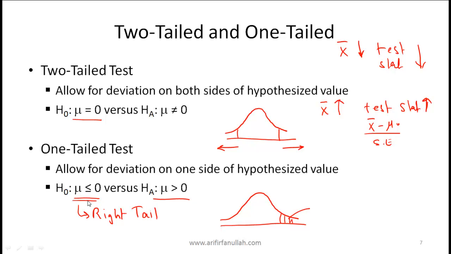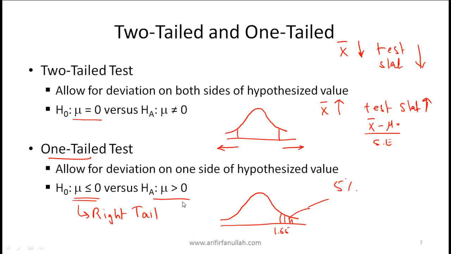So in our example, let's say that we are still dealing with a 5% level of significance. If we are dealing with a 5% level of significance and a one-tailed test, then we are only talking about the area in the right tail. And let's say that with 5% in the right tail, the z value is about 1.65. So that's your critical value.